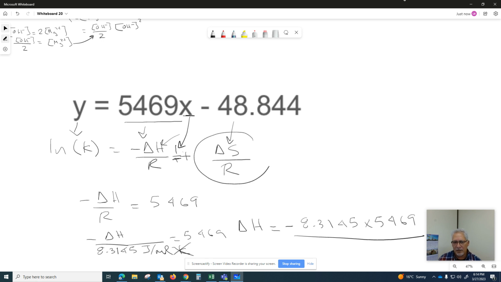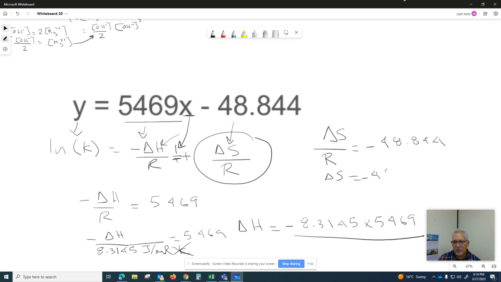And for finding delta S, you do the following. Delta S over R will be equal to negative 48.844, and then you take the value of R, which is the same.